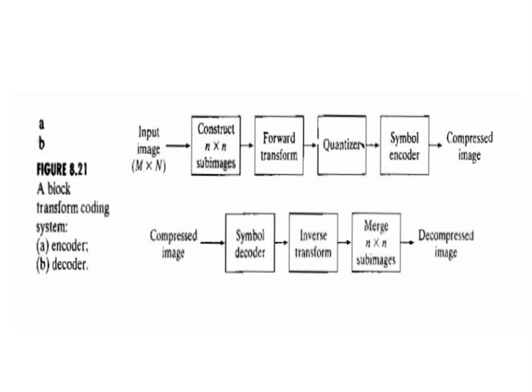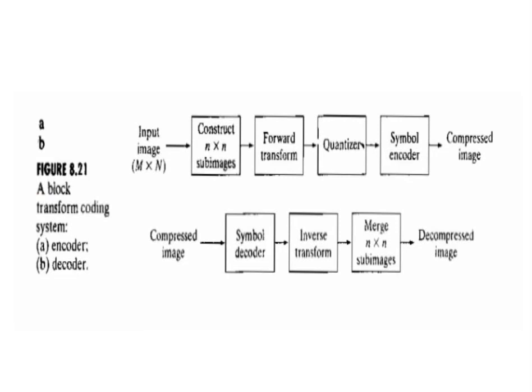With reference to the discussion, consider a subimage g(x,y) of size n by n whose forward discrete transform T(u,v) can be expressed in terms of the general relation T(u,v) equals the summation of x equals 0 to n minus 1, summation of y equals 0 to n minus 1, g(x,y) r(x,y,u,v), for u, v equals 0, 1, 2, up to n minus 1.